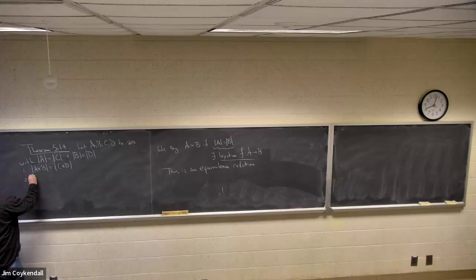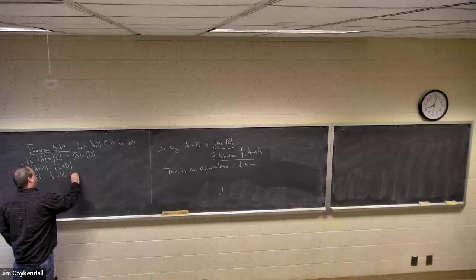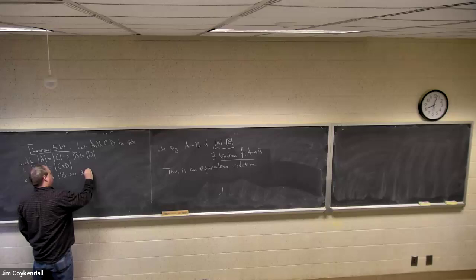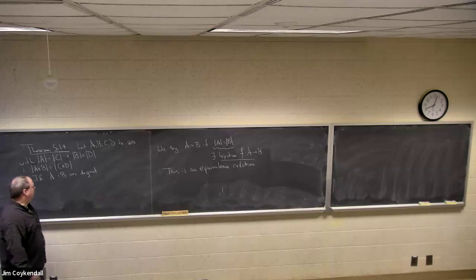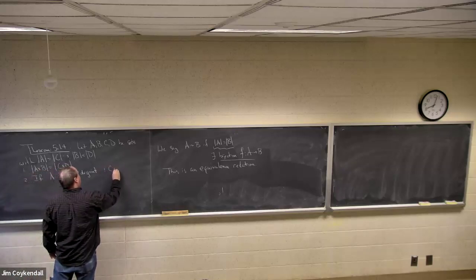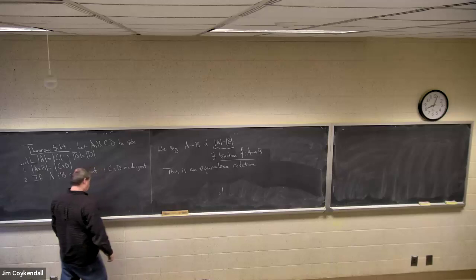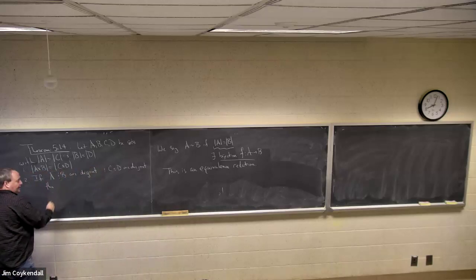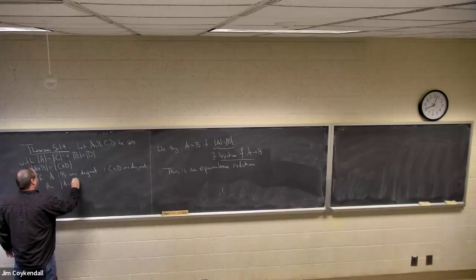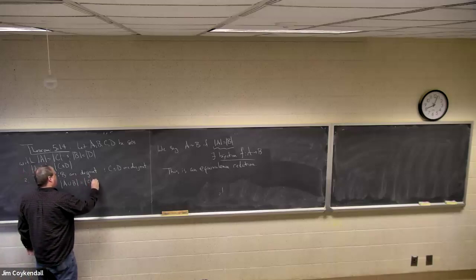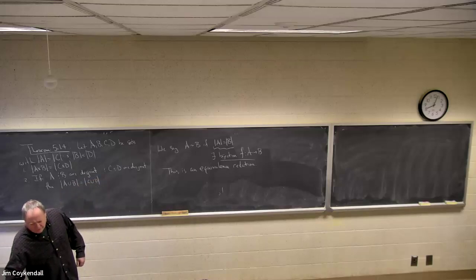And two, if A and B are disjoint, right, nothing in common, and C and D are disjoint, again, their intersection is empty, then the cardinality of the union is the cardinality of C. Okay, so let's prove this.